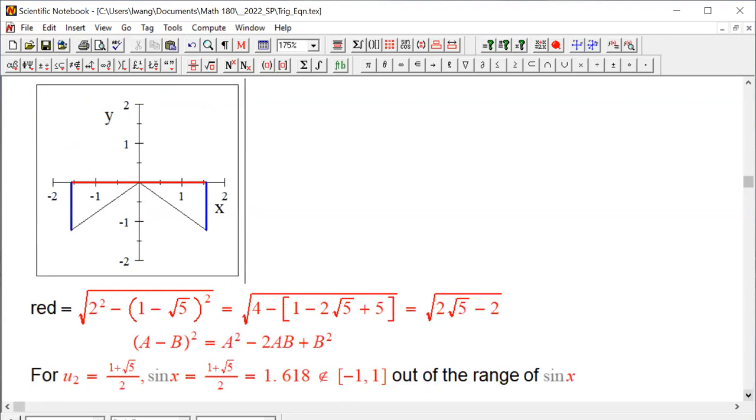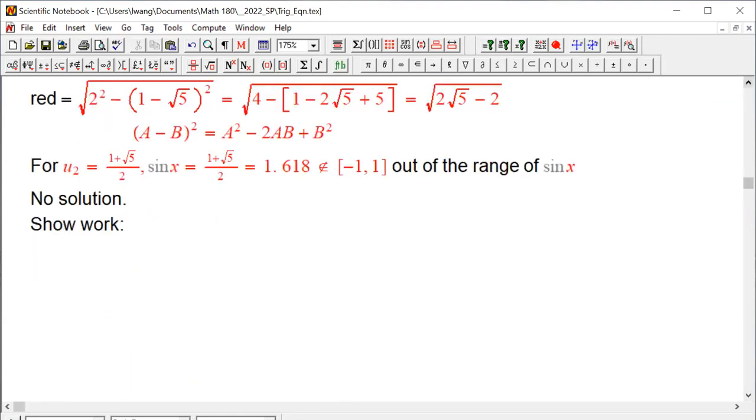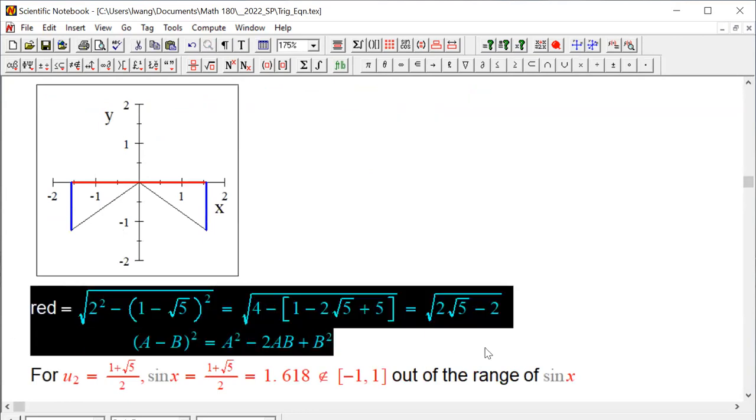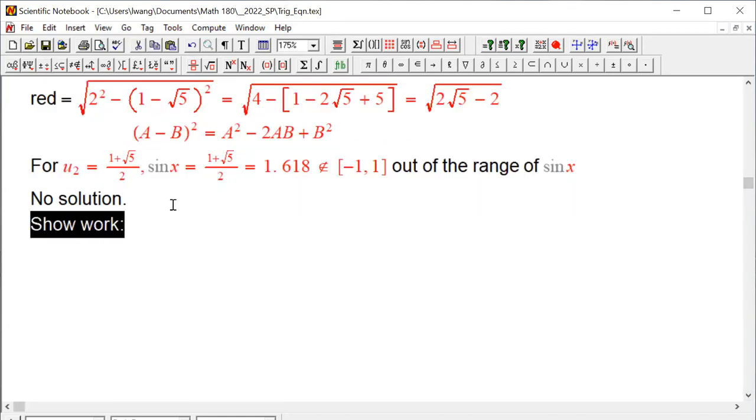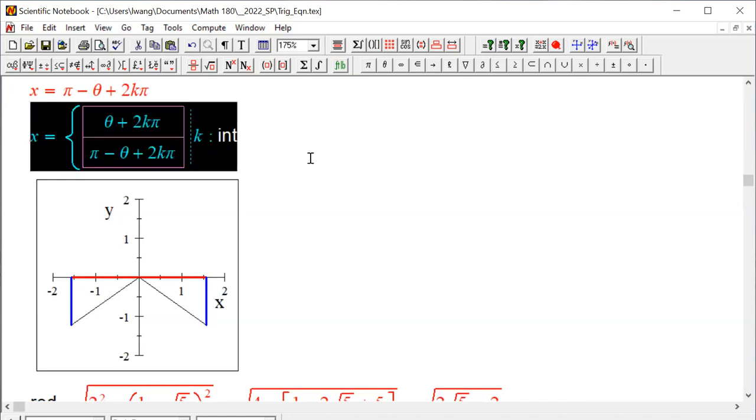And for the second one, for the red piece, you don't need to show that really. But if you show it, no problem, because this is just to draw a proper picture for me. But of course, you need to know how to find it. And for the second piece, there's no solution. So finally, the only solutions are these two.